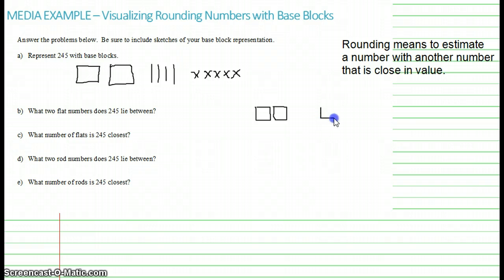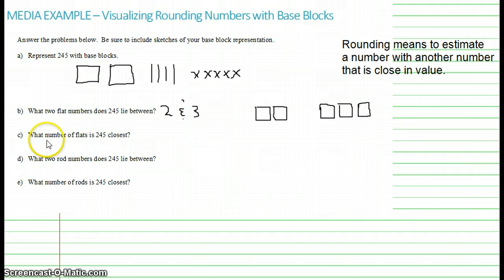If we wanted to approximate this number with flats or hundreds, two very good candidates would be 2 flats or 3 flats. So it lies between 2 and 3 flats.